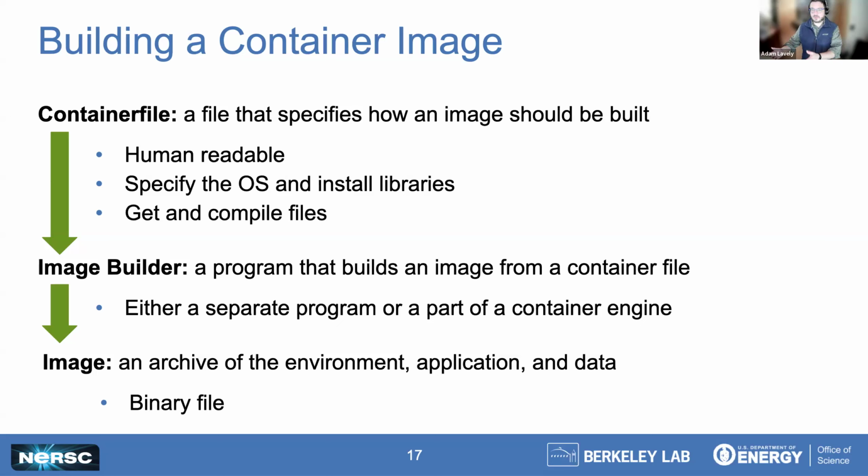If you want to install Podman or Docker on your laptop to use as an image builder, that's a perfectly fine thing to do. Because all of these are going to be making OCI compliant images, you can make it with one container engine, host it in a repository, and then when you pull it from a registry, you'll be able to pull into the format that you need for your particular container runtime.